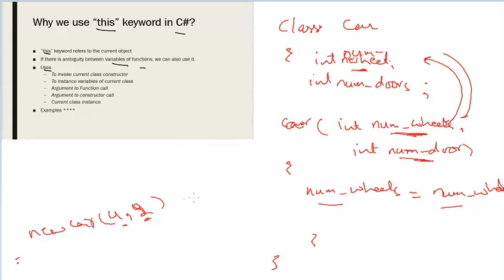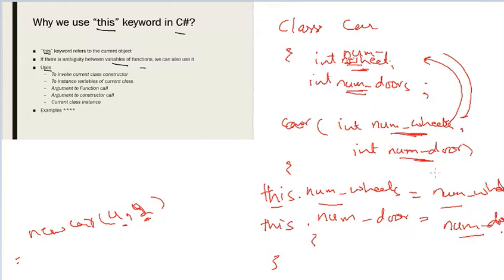So to remove this ambiguity, we need to use this dot. We will use this with the variables inside the class, and that's why we need this here. Similarly, this.num_doors is equal to num_doors, which is passed through this argument here.